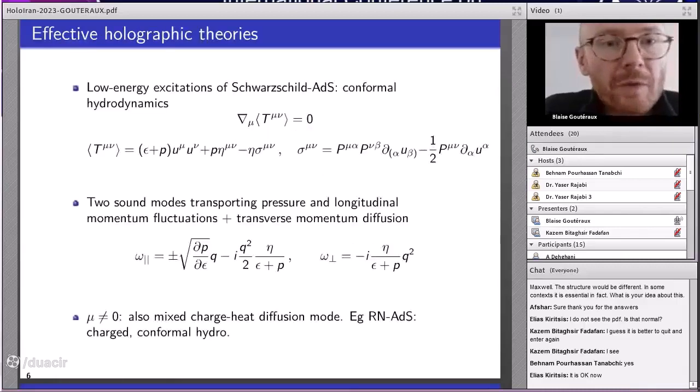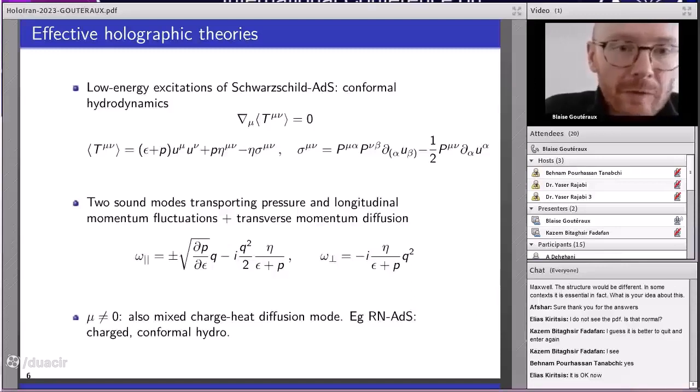Going further, we can also consider the low energy excitations of the background itself, planar Schwarzschild AdS, and that's governed by conformal hydrodynamics, which means that we have the conservation of the expectation value of the stress energy tensor. We can give this a gradient expansion, just like for the current. There's an ideal piece, which is the energy density plus the pressure times the fluid velocity u_mu u_nu.